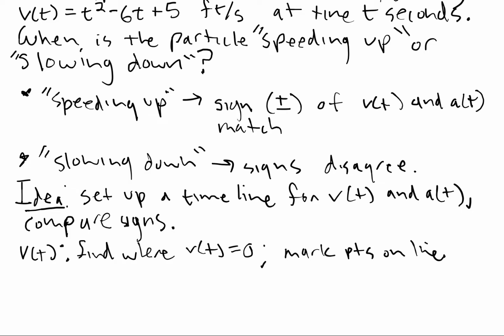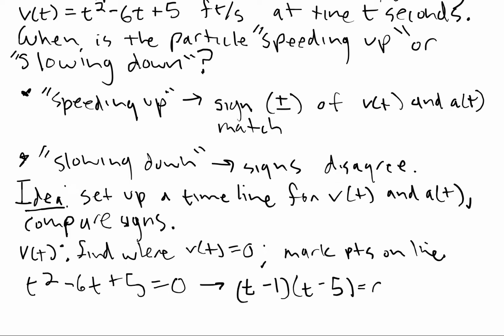Okay? If I set this equation, t squared minus 6t plus 5, equal to 0, this factors pretty nicely. I'll get t minus 1 times t minus 5 equals 0. So this is going to give me the values t equals 1 and t equals 5.